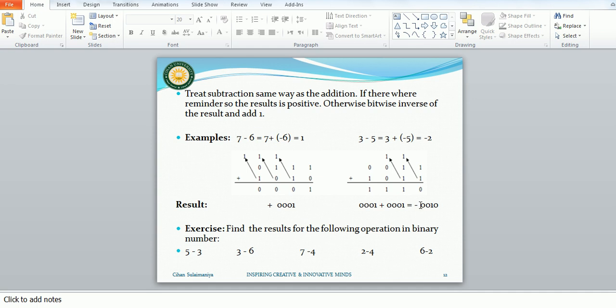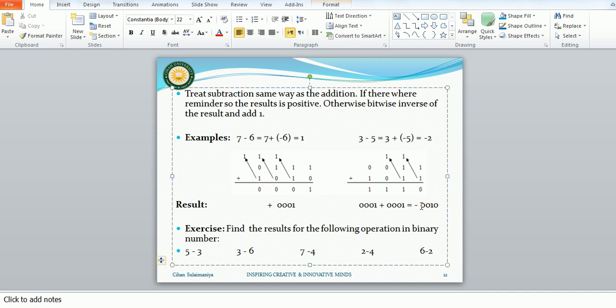We put negative. And after we put negative, I have to take the 2's complement of this one. After putting negative, because there is no carry out left, I have to put minus here, and I have to take the 2's complement of this one.